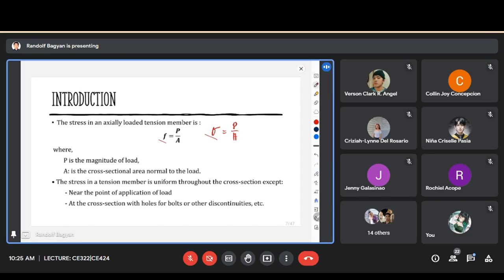And of course, sometimes in English system, this is in pounds or kips, kilopounds. Kips na lang tayo kasi malalaki naman yung kayang i-hold ng ating mga tension members. Area is in square millimeter, and in English system, we have square inches.